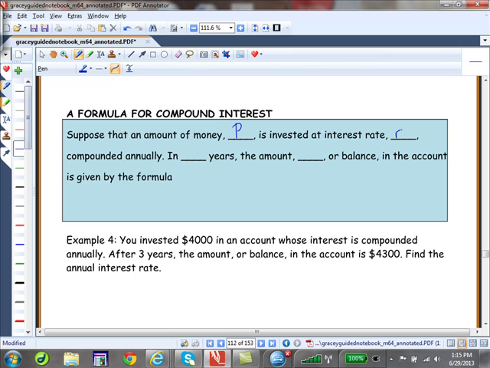In chapter 12, I believe we'll learn a more realistic formula. In T years, the amount A, or the ending balance in the account, is given by the formula A is equal to P times 1 plus R raised to the T.